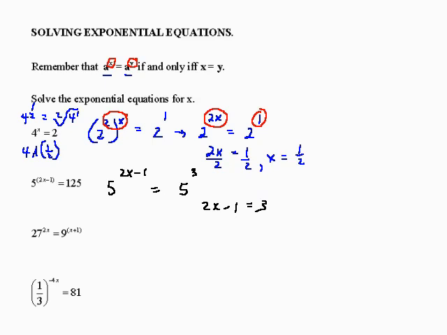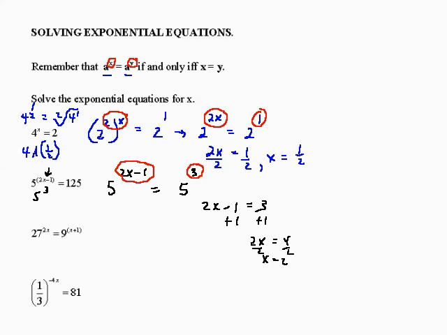Once those bases are the same, the powers, set them equal, and you can solve here. Add 1, 2x equals 4. Dividing by 2, x will come out to equal 2. And again, if I put 2 in here for x, 2 times 2 is 4 minus 1. I will get 5 to the third power, and that will certainly give us 125.